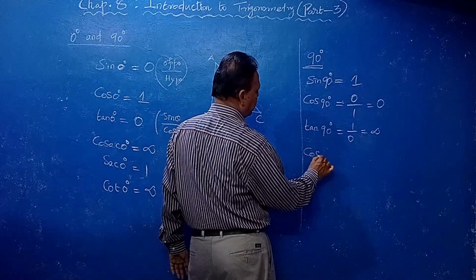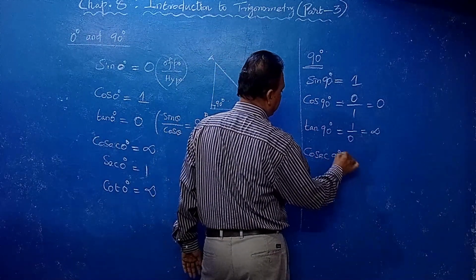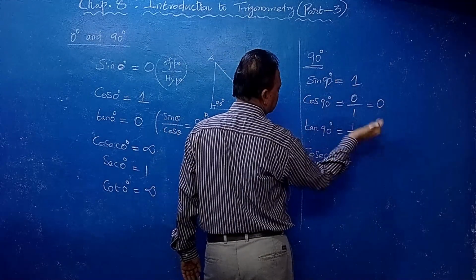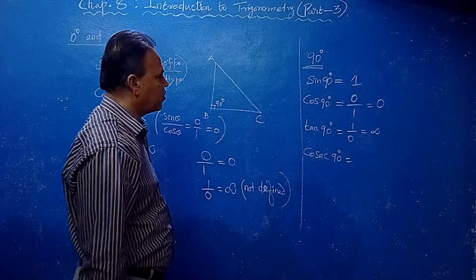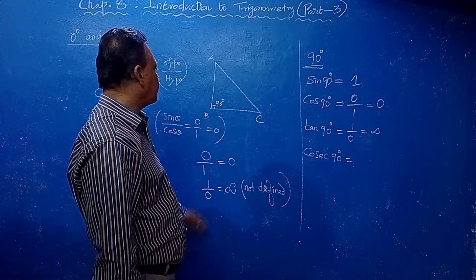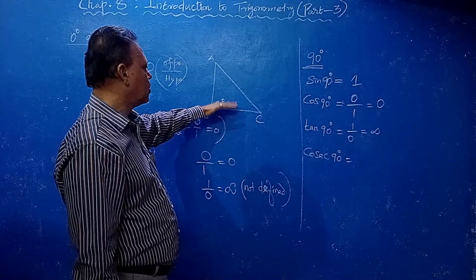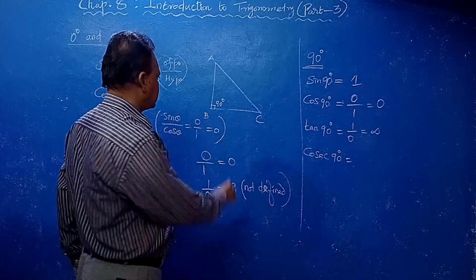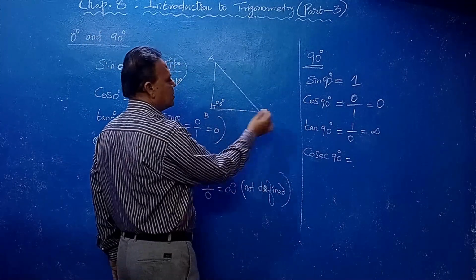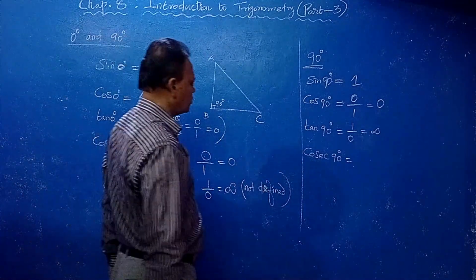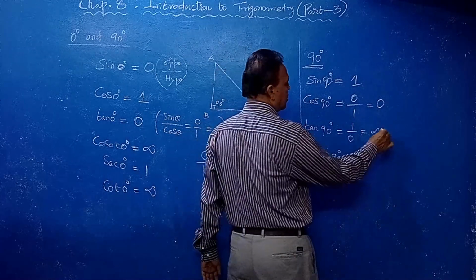Now cosec 90. Understand, just divide 1 by 0, that is not defined. Now we will get that is opposite. There is no base. So it will be 0. So 1 by 0 is not defined.